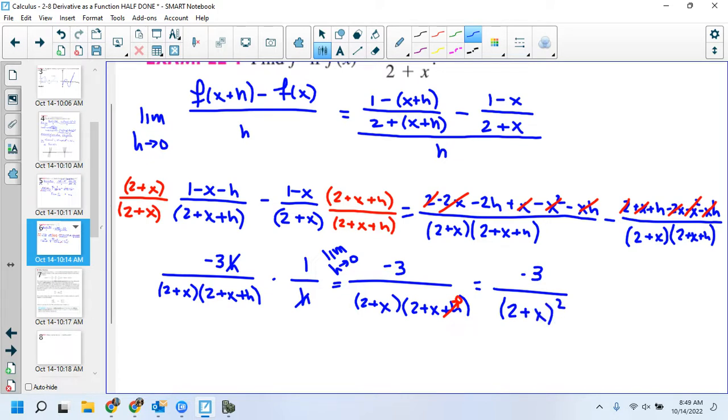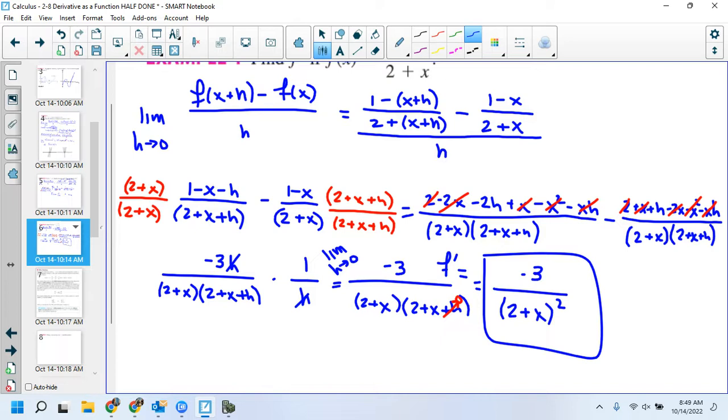And there's our derivative, negative 3 over 2 plus x squared. That's f prime. So again, what is that saying?